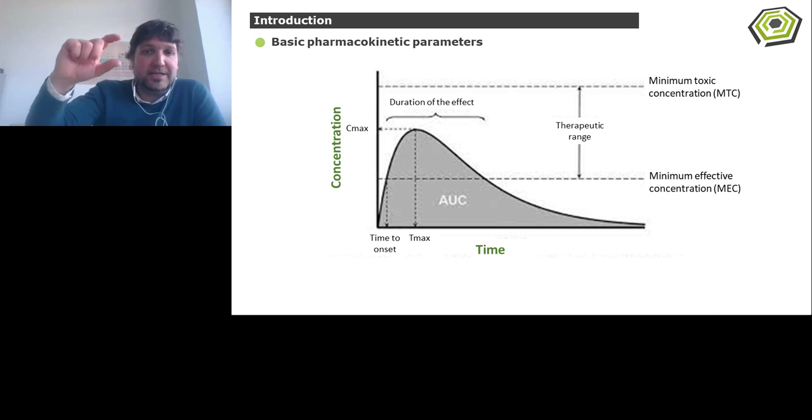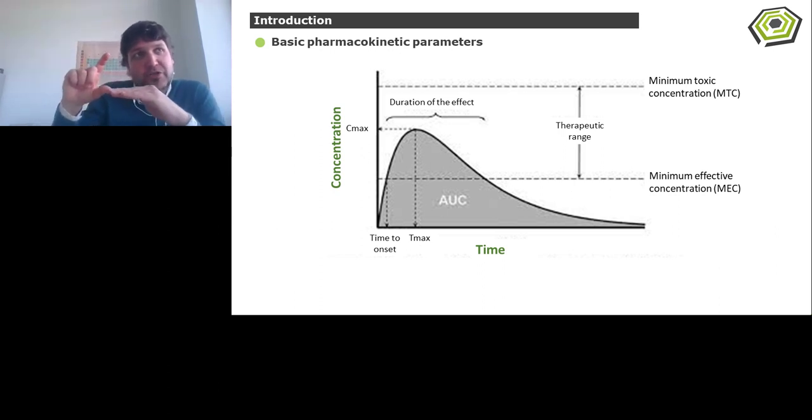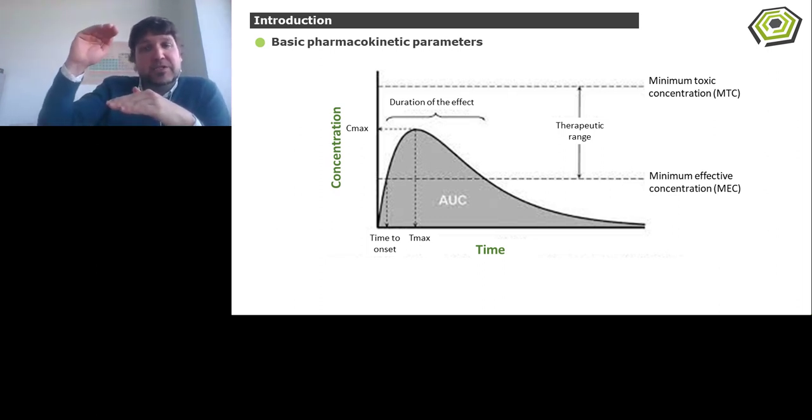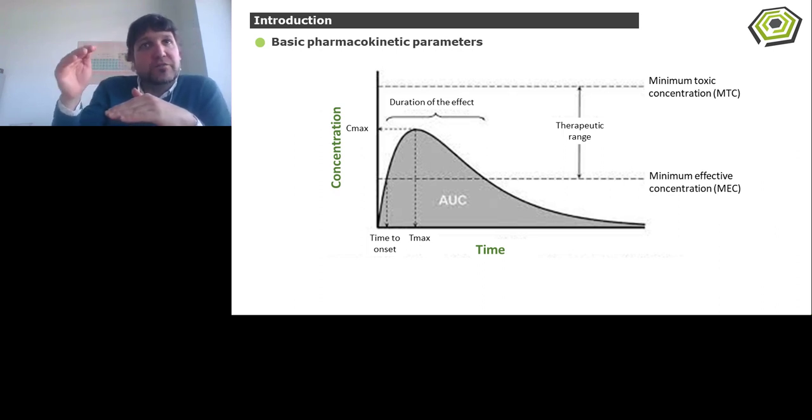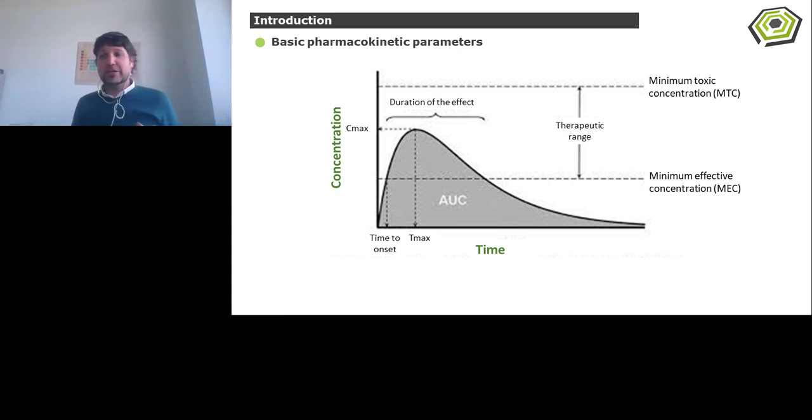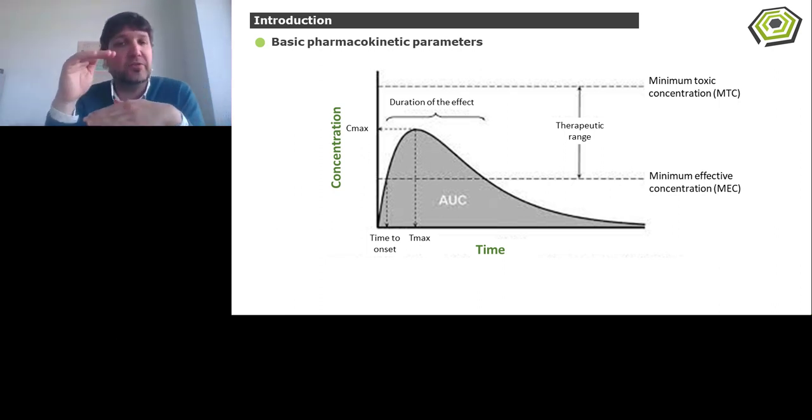In between, there's a range that we call the therapeutic range. It is composed of the minimum concentration of the drug in the blood that we need to actually have an effect, and the minimum concentration that starts to be toxic, or, in the case of cannabis or THC in particular, starts to be discomforting, causing overt psychoactivity or even other adverse effects, such as dizziness or somnolence.